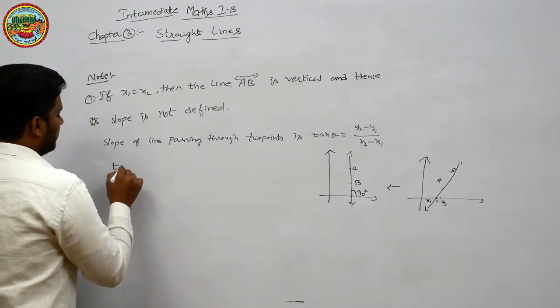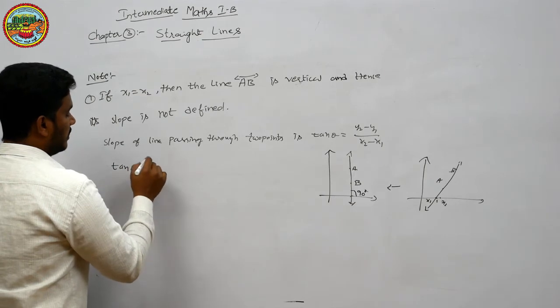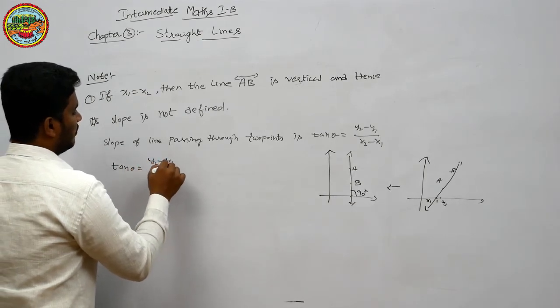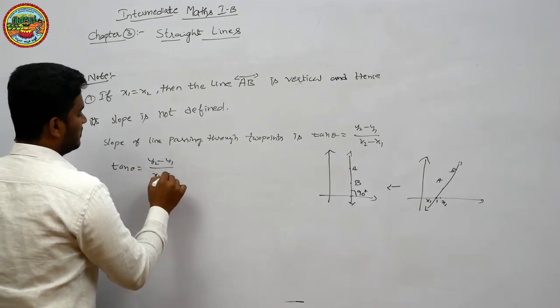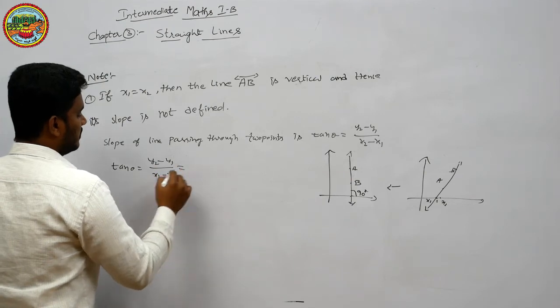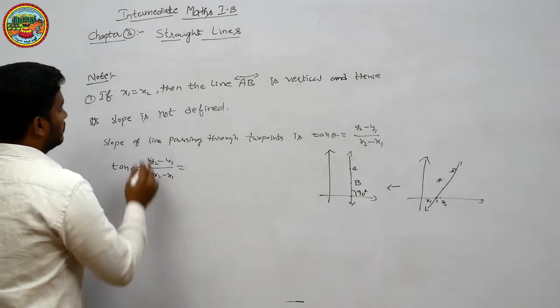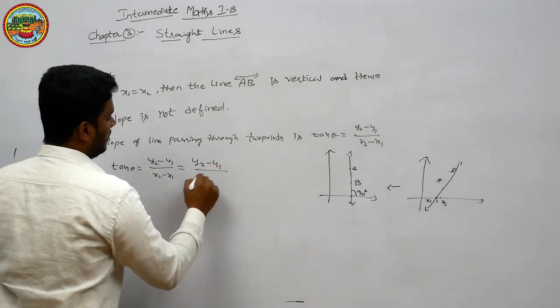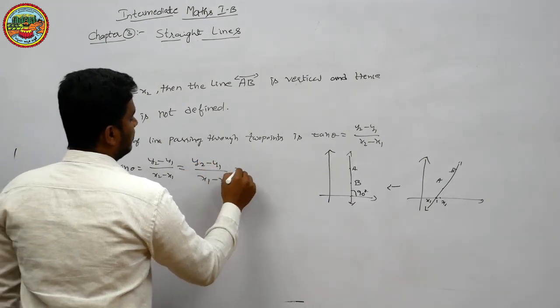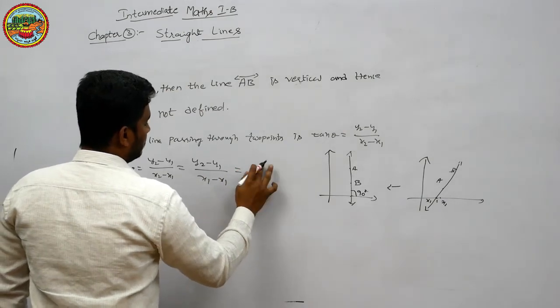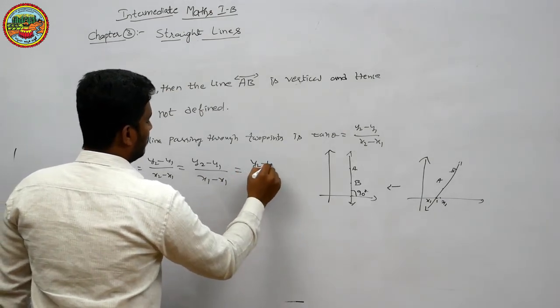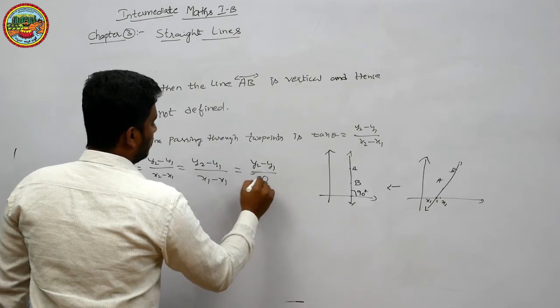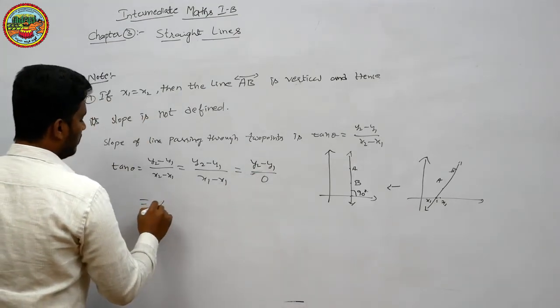Also tan theta is equal to y2 minus y1 by x2 minus x1. So here x1 and x2 are equal, so y2 minus y1 by x1 minus x1, which is equal to y2 minus y1 by 0. Something by 0 is infinity.